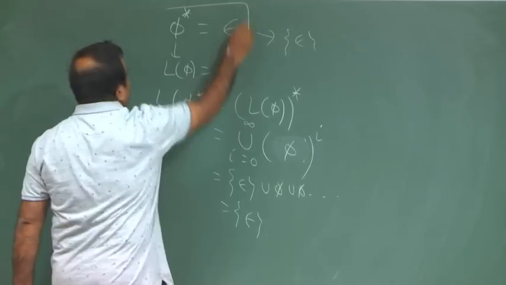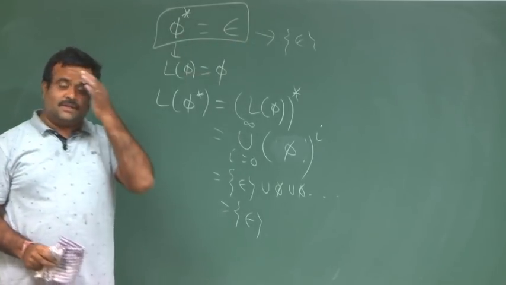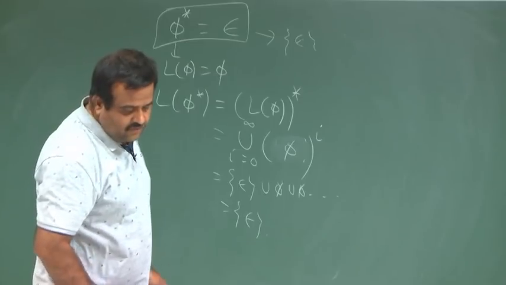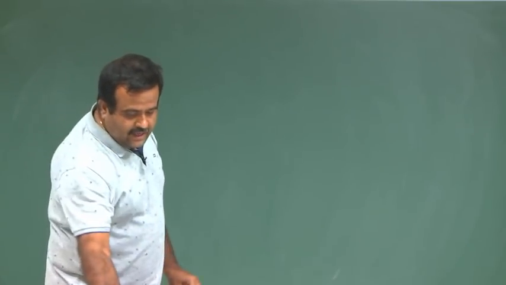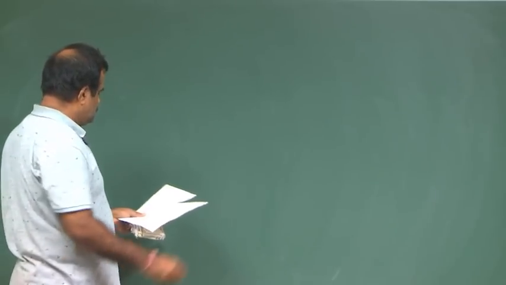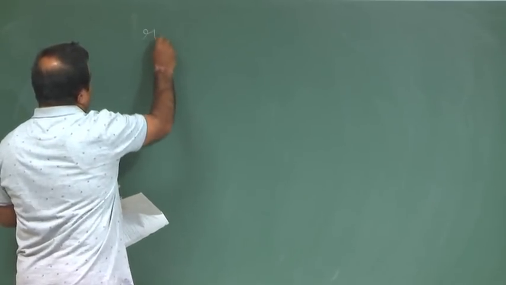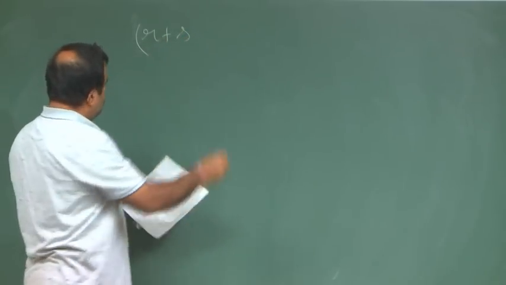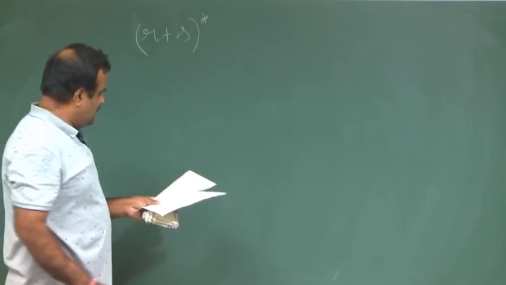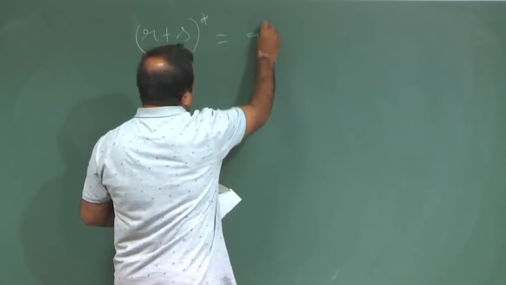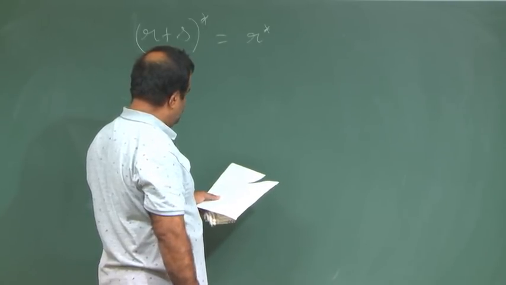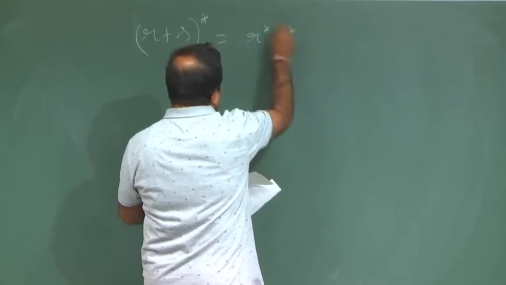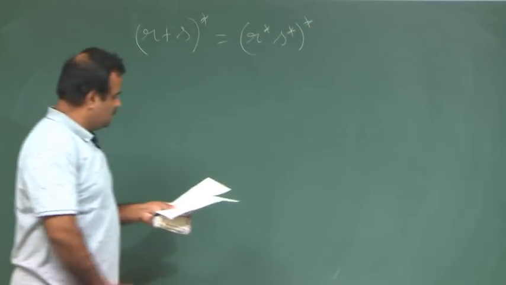So, these are the properties we will use for simplification of the regular language. Then a few more properties are there. Like, (r plus s) to the power star is the same as (r star s star) to the power star.